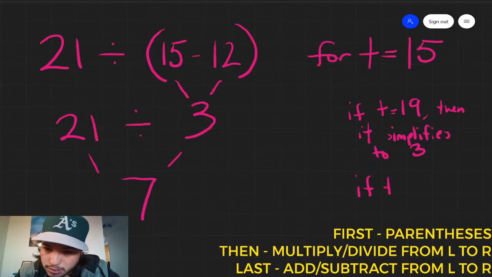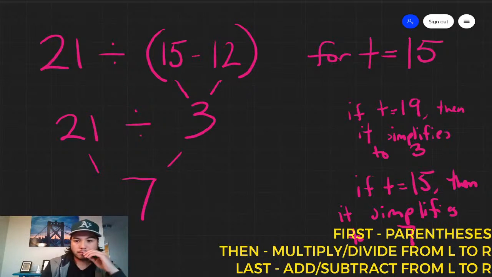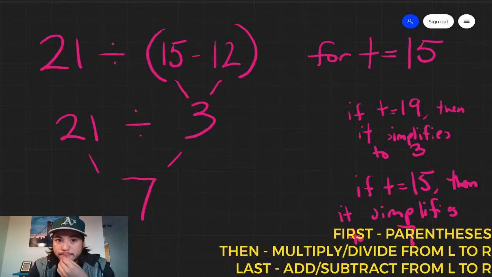If t equals 15, then it simplifies to 7. Okay, and now we can notice a pattern and start to think about potentially a pattern here.